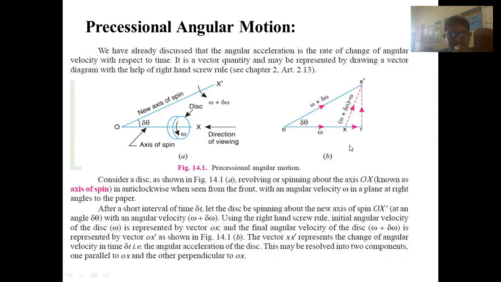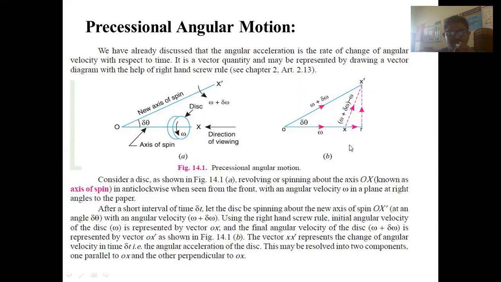Now, if I represent all this in a vector diagram as shown in figure B, this is the first vector. We can represent it by using the right hand screw rule. Right hand screw rule means I take my right hand and show my fingers in the direction the disk is rotating. Then the direction of my thumb indicates the vector direction.